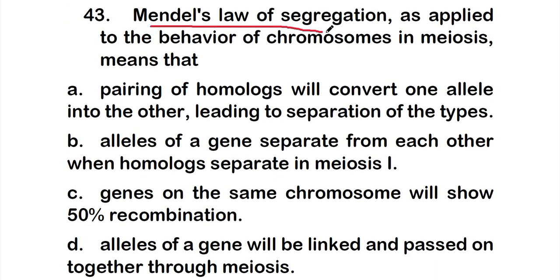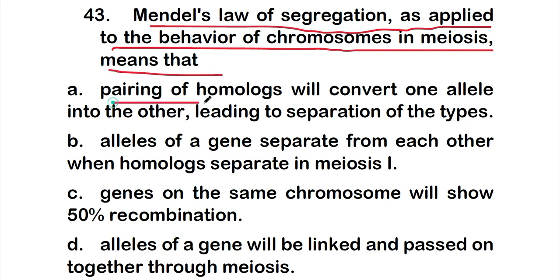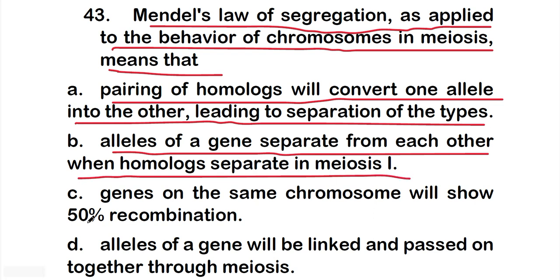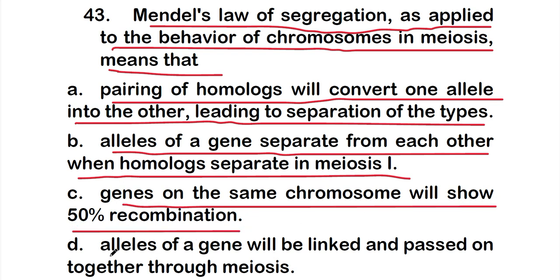Mendel's law of segregation as applied to the behavior of chromosomes in meiosis means that option A, pairing of homologs will convert one allele into the other, leading to separation of the types, or option B, alleles of a gene separate from each other when homologs separate in meiosis 1, or option C, genes on the same chromosome will show 50% recombination, or option D, alleles of a gene will be linked and passed on together through meiosis.